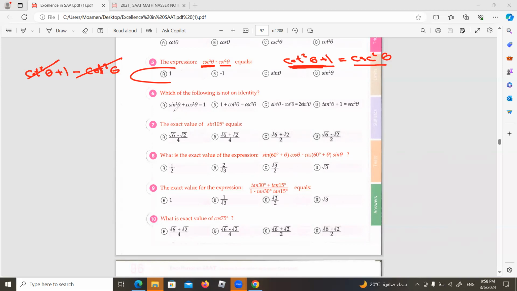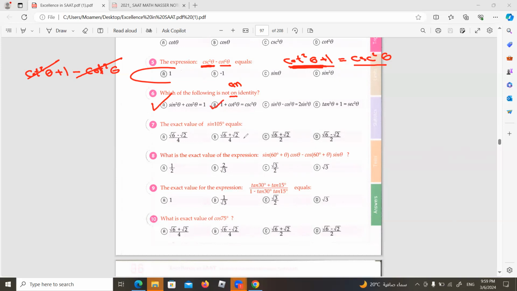We're going to number 6. Which of the following is not an identity, or is not correct? Sine squared plus cosine squared equals 1. It's an identity. It's right. 1 plus cotan squared equals cosec squared.